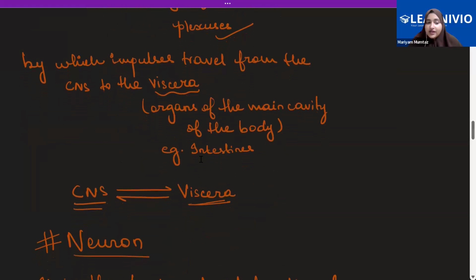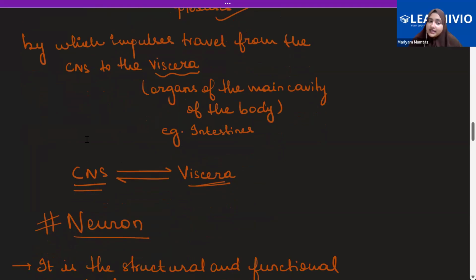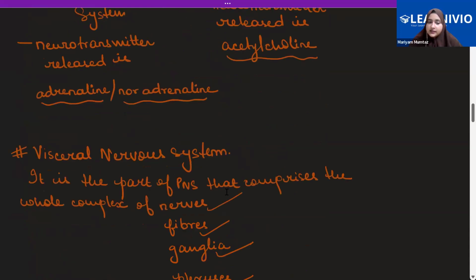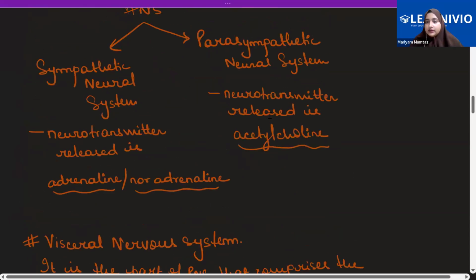So this transferring of information from the central nervous system to the viscera of the body is done because of the visceral nervous system. Is it clear, students? Any doubts up until now? No, ma'am.